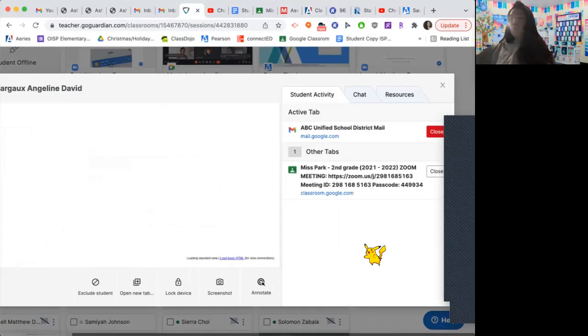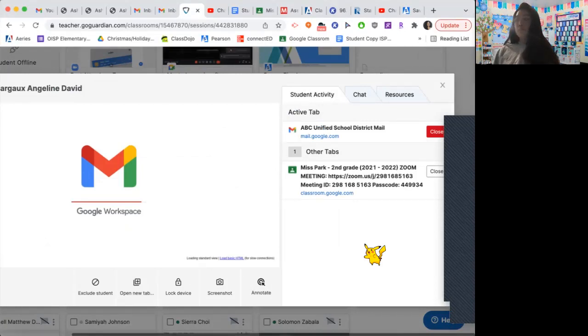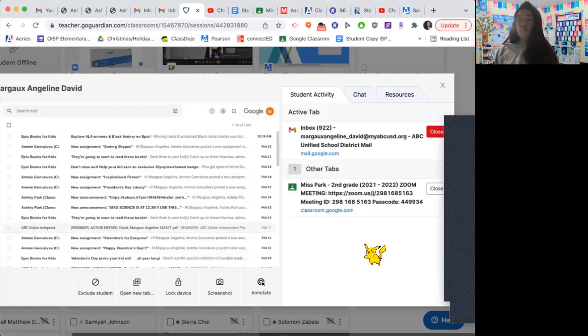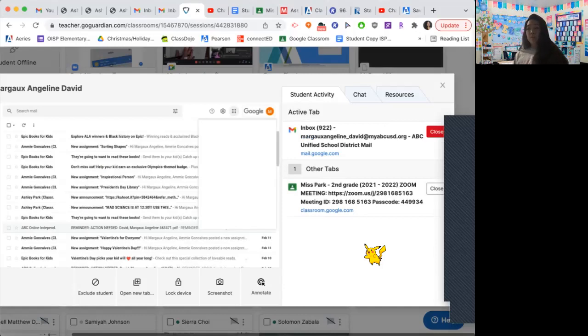Click on Gmail. From your Gmail, click on the waffle again. Scroll all the way down till you get to Savvas Easy Bridge. Click on the waffle again, click on Savvas Easy Bridge.